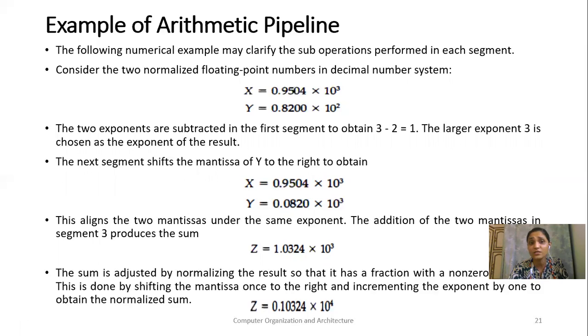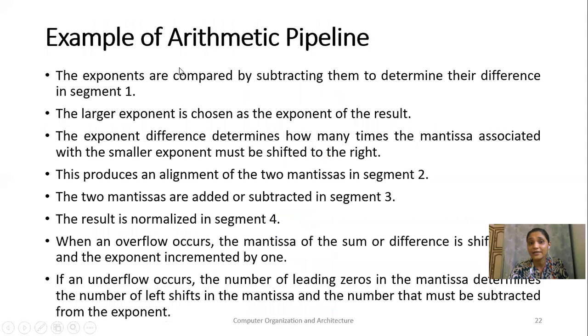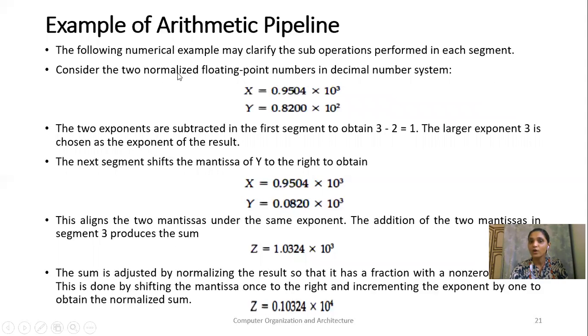Here we have used the term normalized floating point number. What is a normalized floating point number? In a normalized floating point number, after the point, that is your decimal point if your number is in decimal terms, or binary point if your number is in binary representation, you have some digit other than 0.